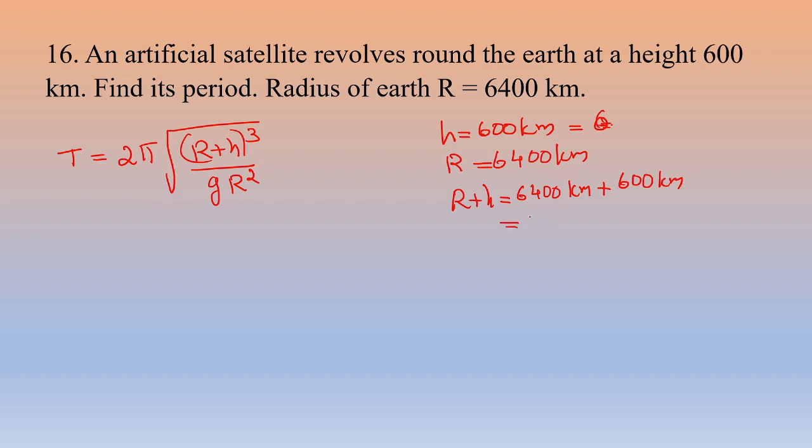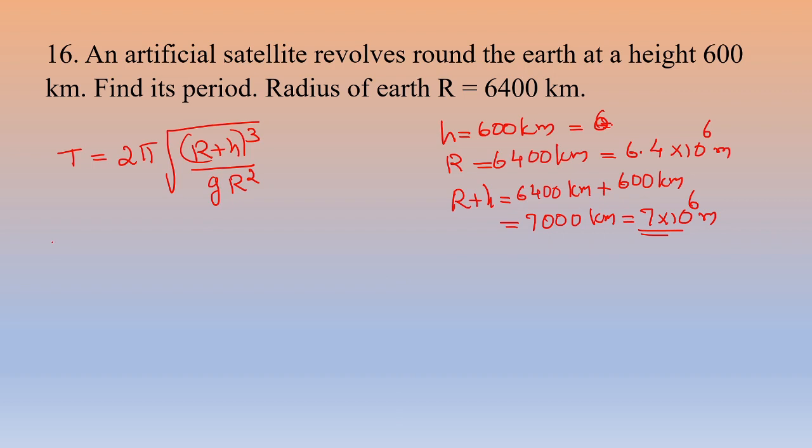Now that's equal to 7,000 kilometer. That is equal to 7 into 10 raised to 6 meter. And the radius we can convert into meter, that we have done in the previous problem, that is 6.4 into 10 raised to 6 meter.